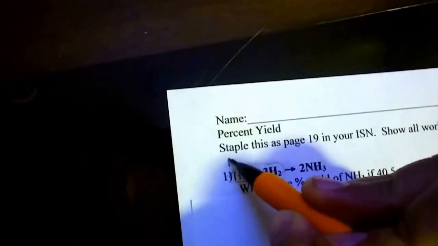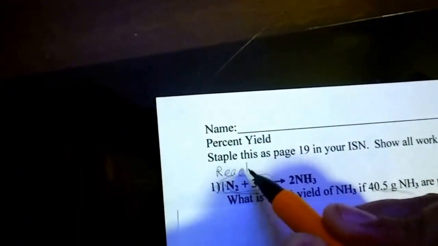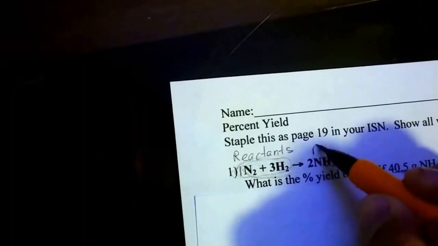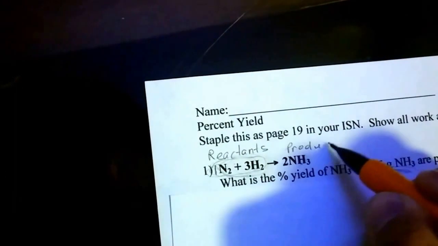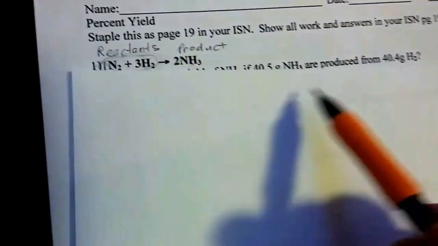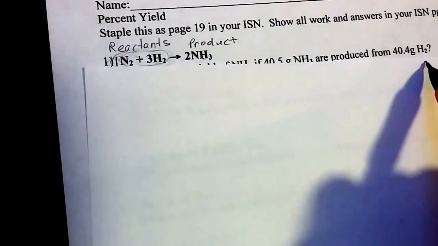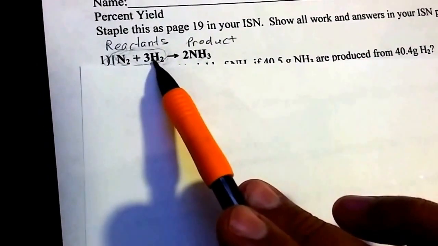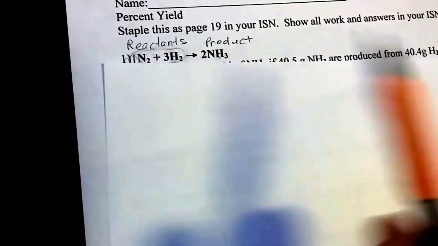So just for the record, these are your reactants, which are on the left side of the arrow, and this would be your product. We find out that 40.4 grams of hydrogen, well, hydrogen is on your reactant side, so that's the one that's going to start as your given.